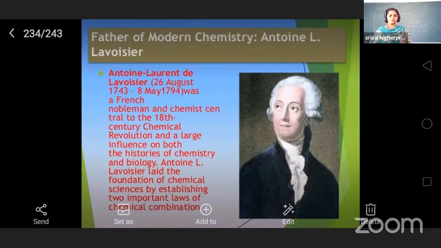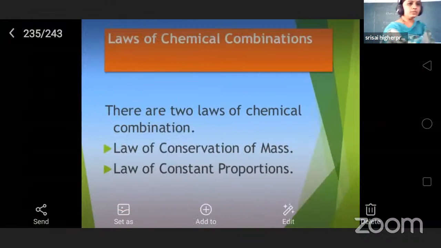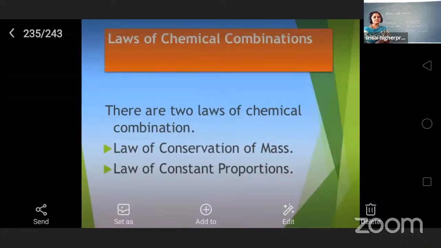Next I'll go to the laws of chemical combination. There are two types: the law of conservation of mass and the law of constant proportions. Antoine Lavoisier, a French scientist, established the law of conservation of mass.